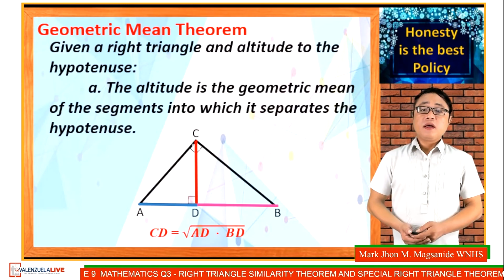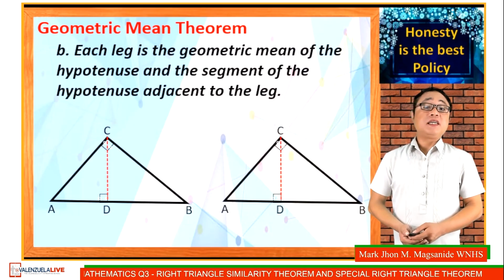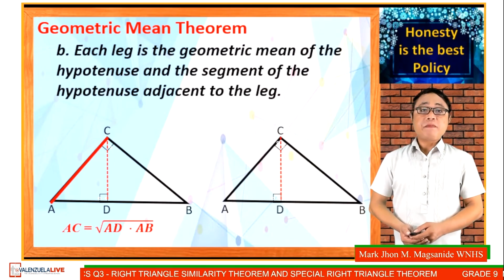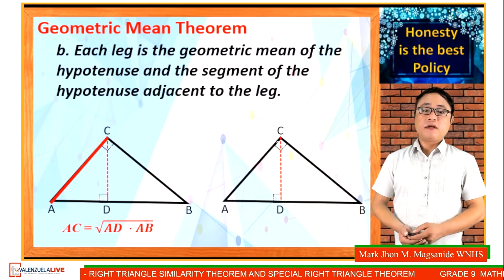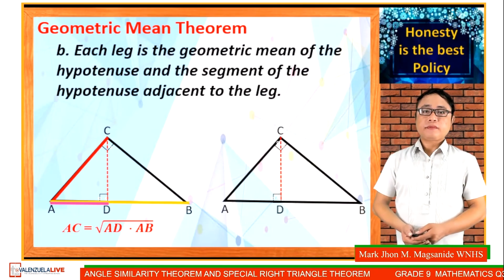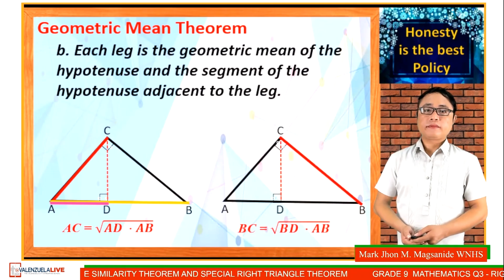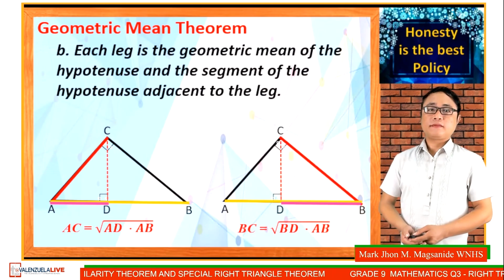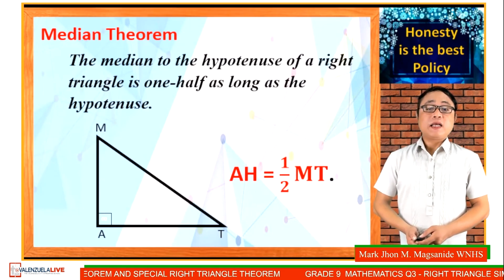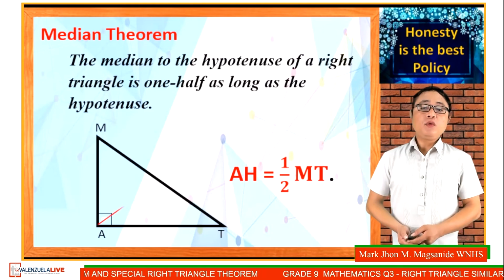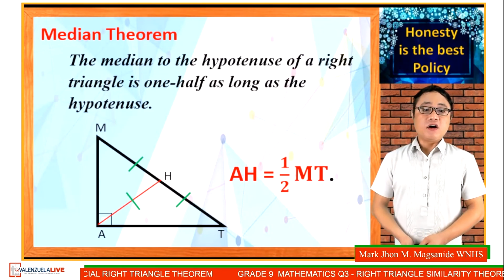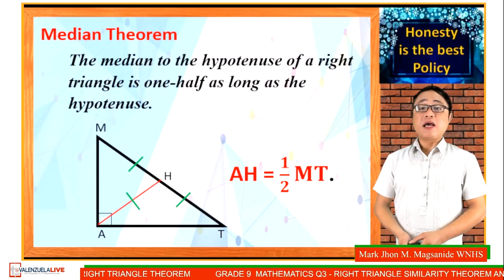Letter B, each leg is the geometric mean of the hypotenuse and the segment of the hypotenuse adjacent to the leg. And next, the median theorem states that the median to the hypotenuse of a right triangle is 1/2 as long as the hypotenuse.